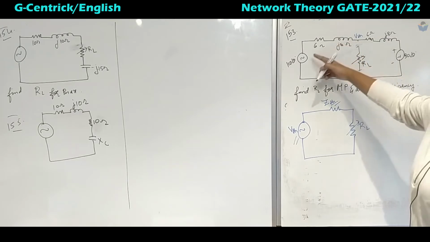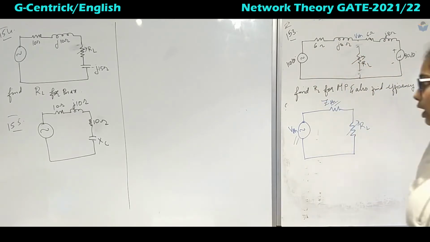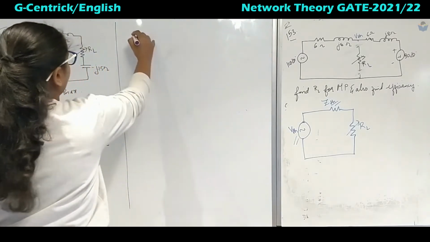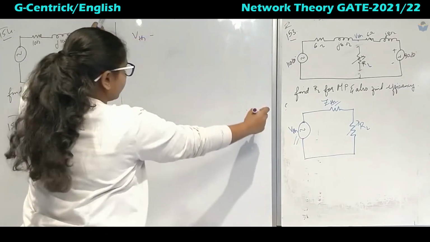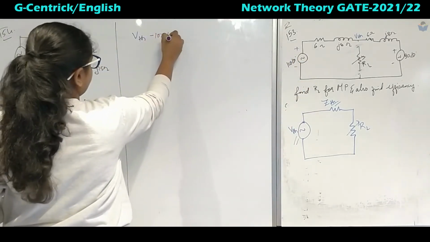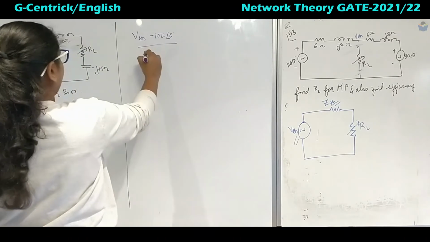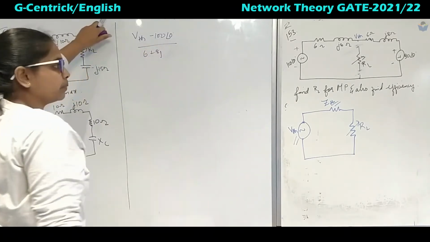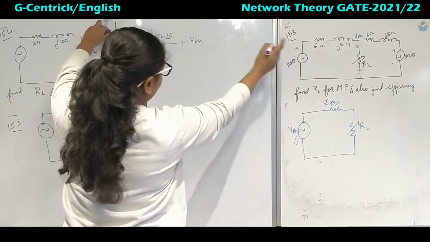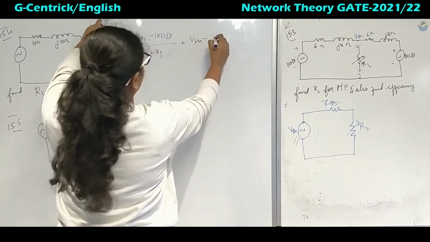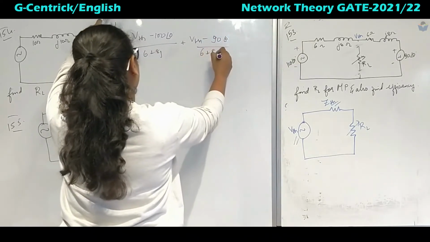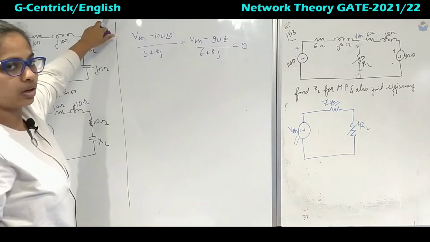So we can solve it using nodal analysis. How do you find it using nodal analysis? It is (VTH minus 100 angle 0 degree) divided by 6 plus 8j, plus (VTH minus 100 angle 0 degree) divided by again 6 plus 8j, with this open and no incoming current, so equal to 0.